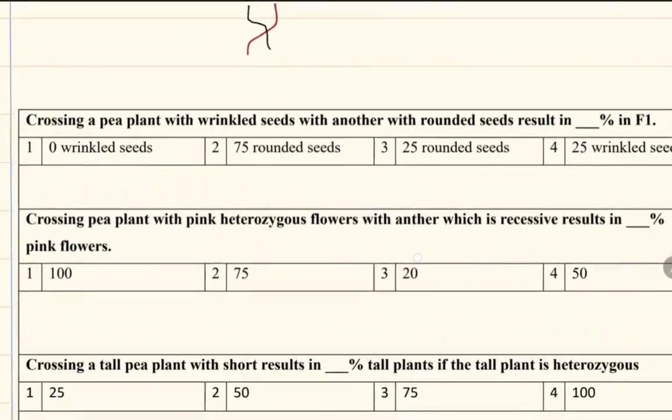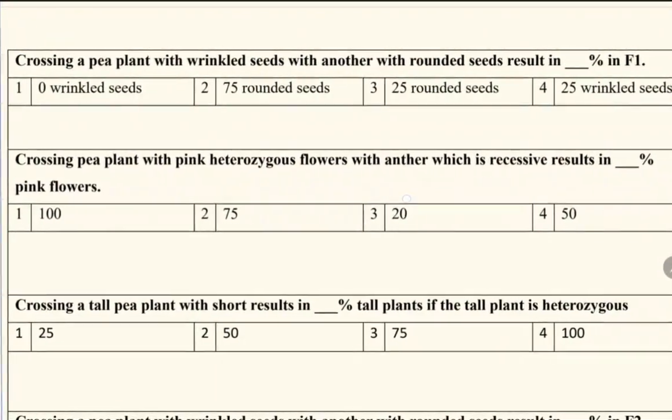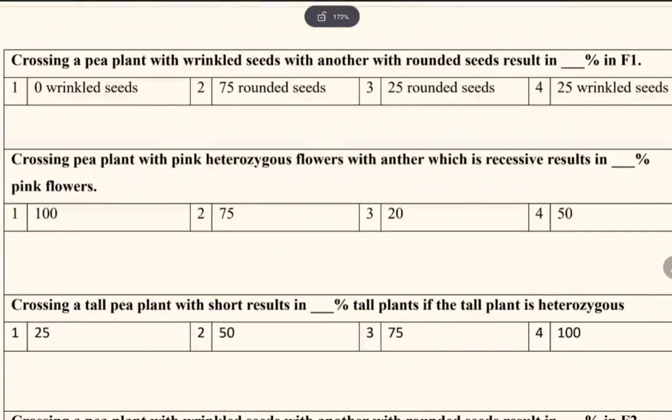Now let's see here some questions to understand how to solve questions about Mendel's first law. It says here, cross pea plants with wrinkled seed with another round seed. Now let's start here. Wrinkled seed, which is R small, R small. Round seed, which is R capital, R capital.